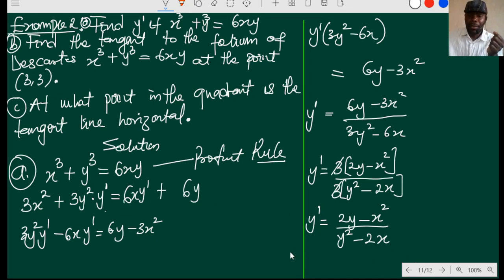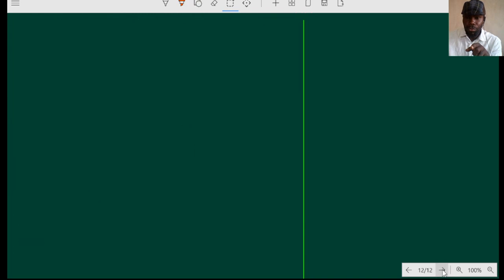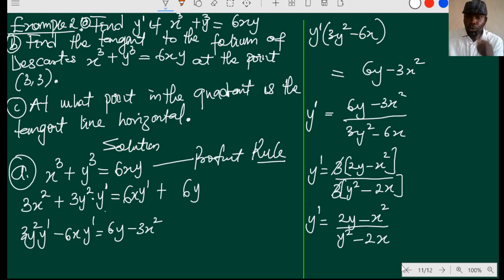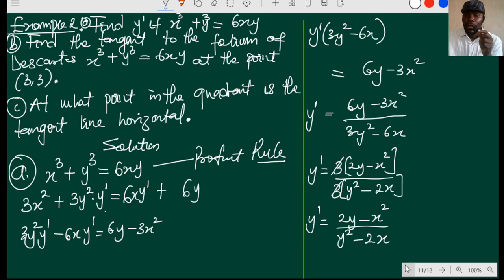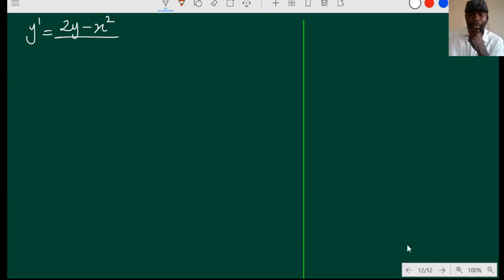So now let me go to the next page. Our y1 is 2y minus x squared over y squared minus 2x.